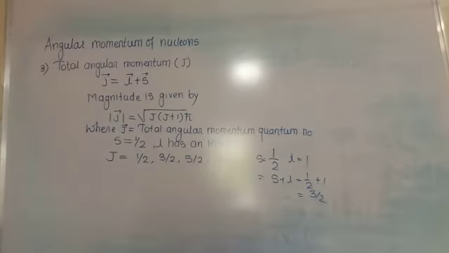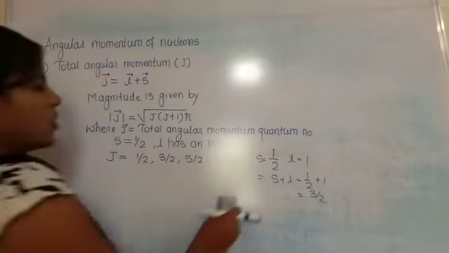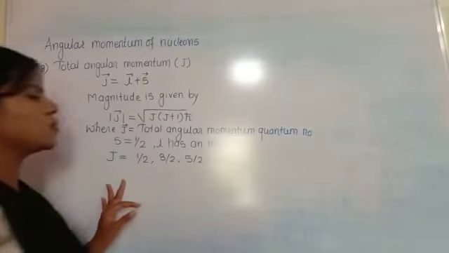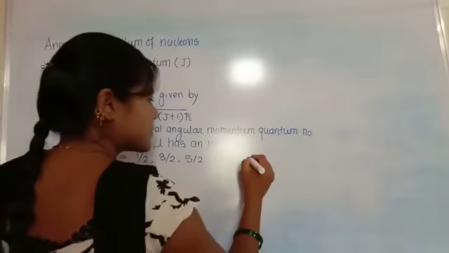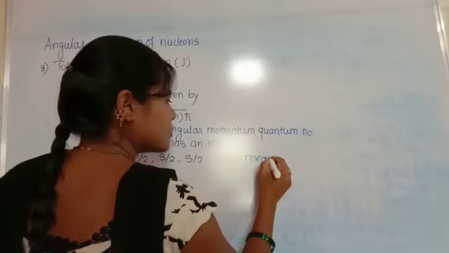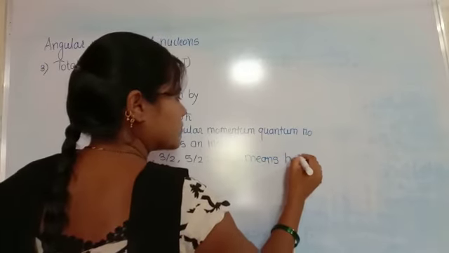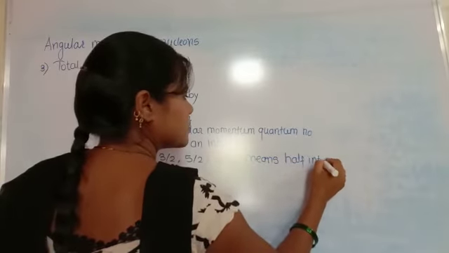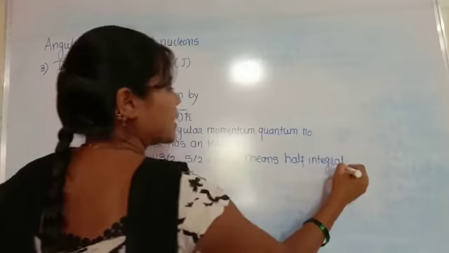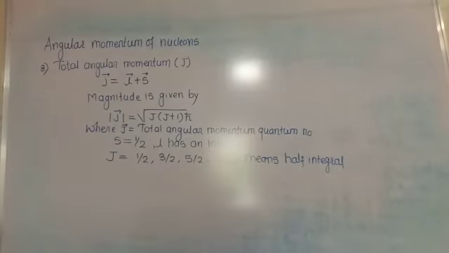So these are the values of j when L is an integer and S is 1 by 2. That means j is always half integral.